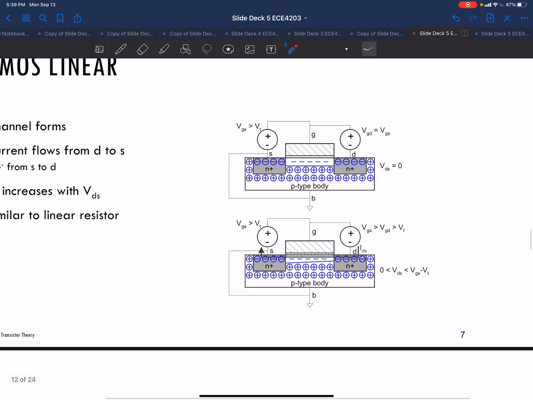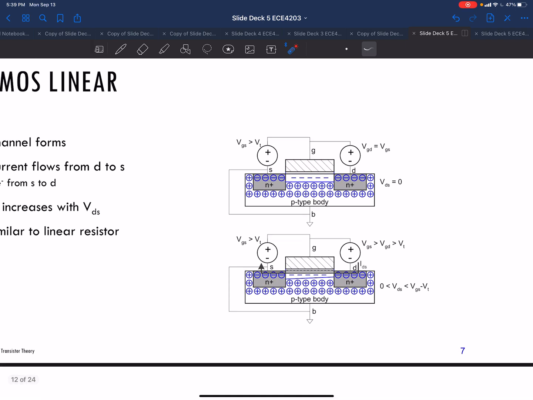But remember we said the source is typically the lower of the voltages between the source and the drain. Typically the source is at ground, and typically the drain is at a higher voltage.